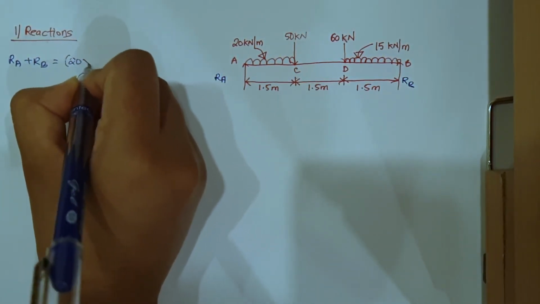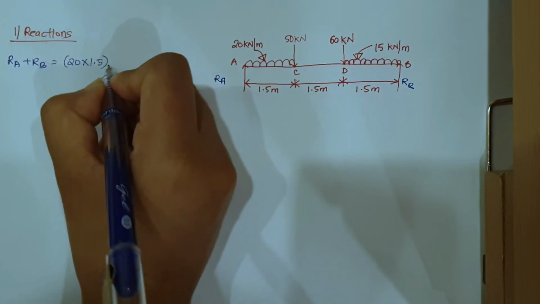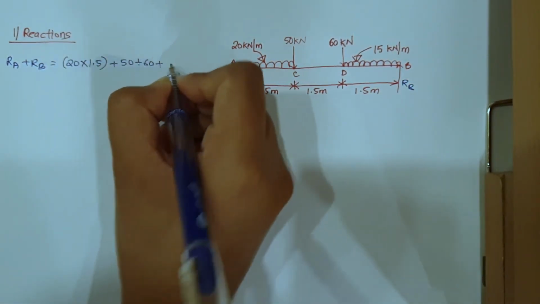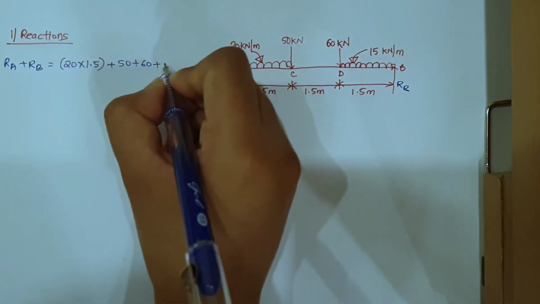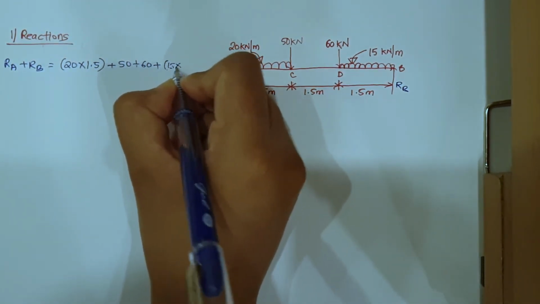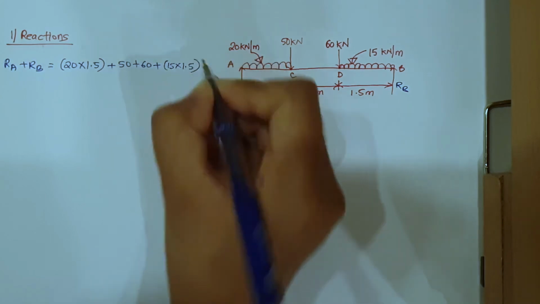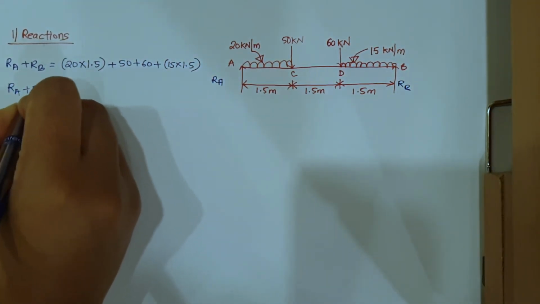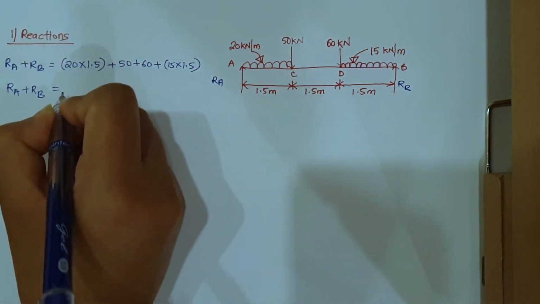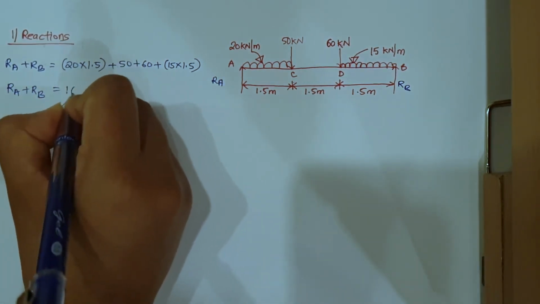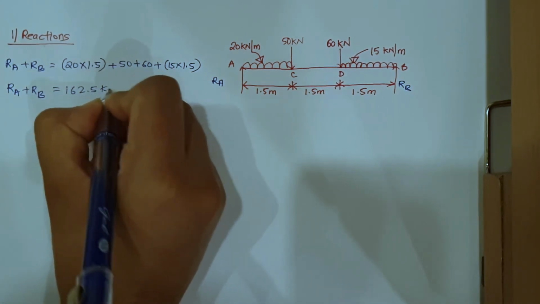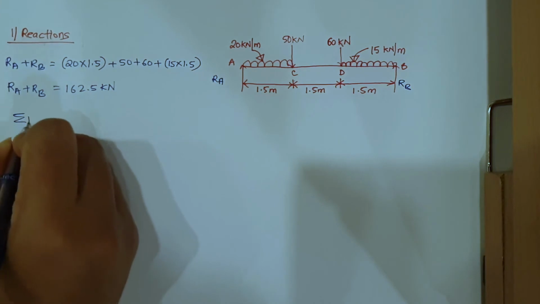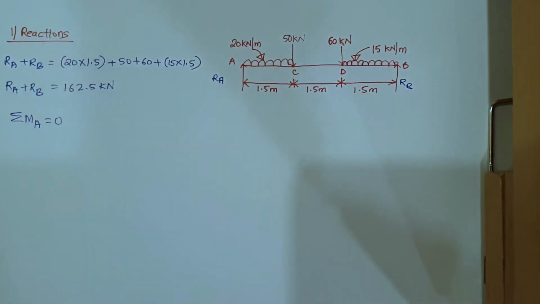First we have UDL into 1.5 meter plus point load 50 plus another point load 60 plus 15 kilonewton per meter UDL. 15 into distance is 1.5, and if you add all of this, RA plus RB will be coming equal to 162.5 kilonewton.